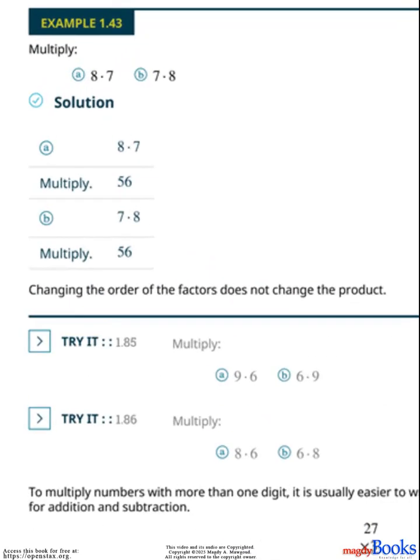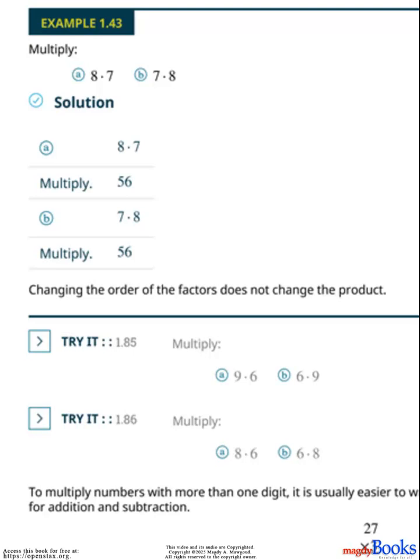Example 1.43. Multiply A. 8 · 7, B. 7 · 8. Solution. A. 8 · 7 equals 56. B. 7 · 8 equals 56.